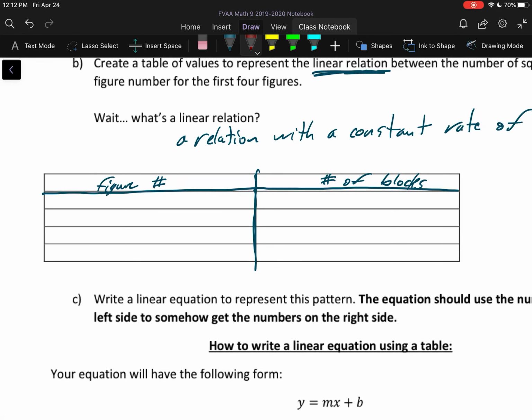I'm going to leave a space, because you'll see why in the future. I'm going to start with my first figure on the second line, leaving a blank space here. That'll be a good trick for you when you're dealing with these types of questions that have a figure. You'll want to skip a line here, because you want to leave room for figure 0, even though figure 0 doesn't exist. But we'll talk about that in a second. So 2, 3, and figure 4 down here.